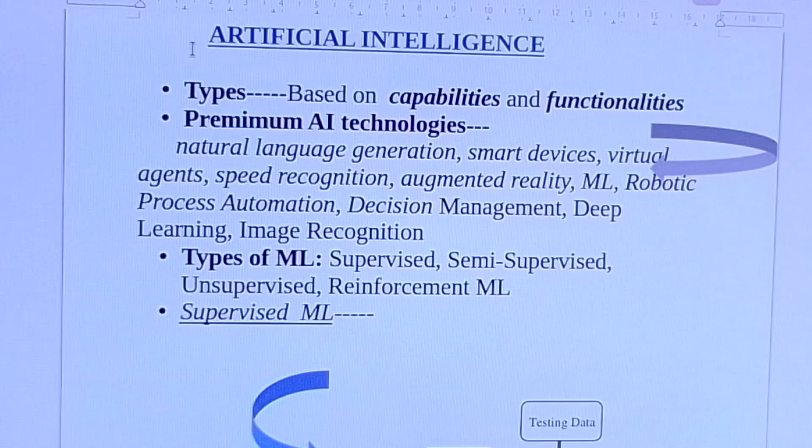Now let's go to the second category of AI based on capability of the machine. General AI is a type of intelligence which could perform any intellectual task with efficiency like a human. So general artificial intelligence can perform tasks as a human does.